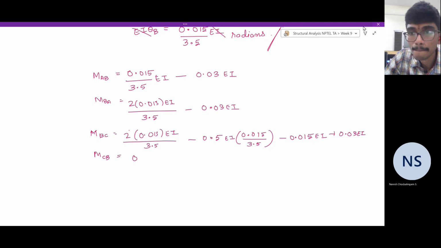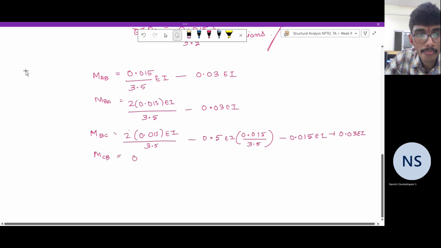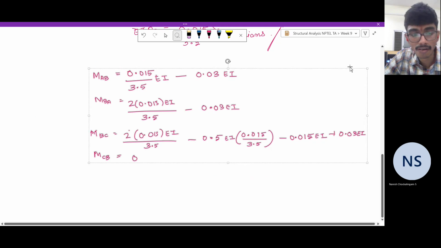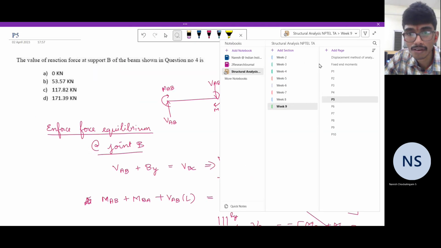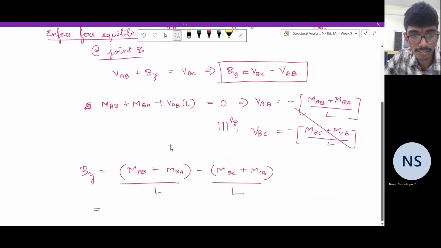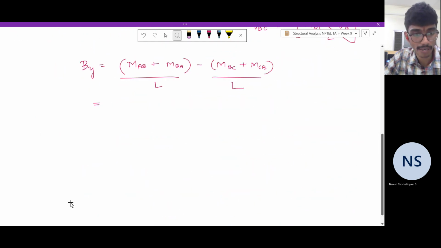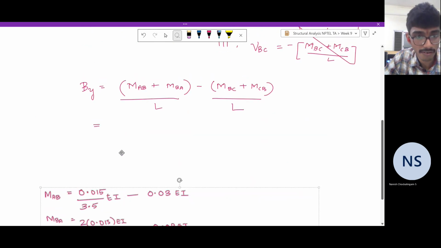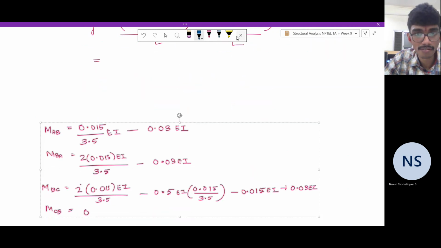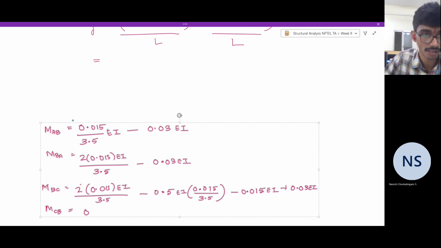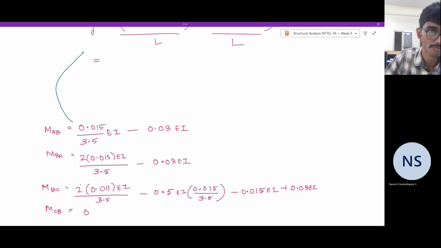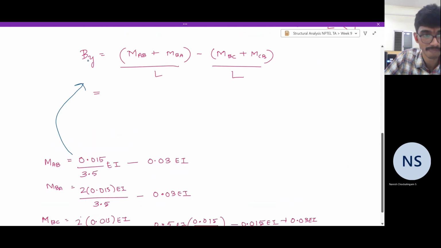So substitute these expressions for the moments into this expression for By, with L equal to 2 meters.